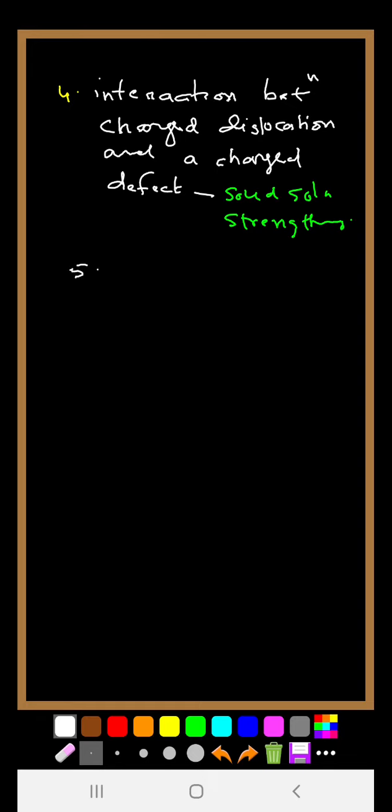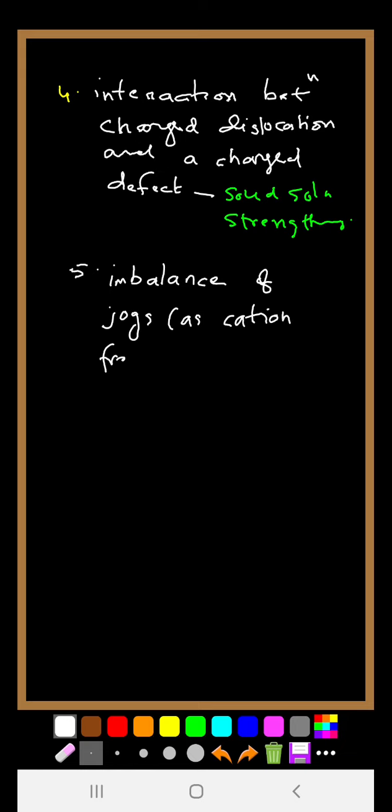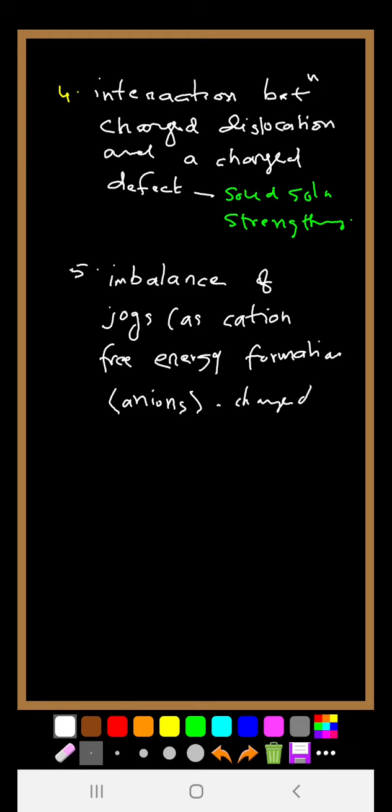The fifth point is imbalance of jogs, which is due to the cation free energy of formation. Jog displacements will cause a charged dislocation.